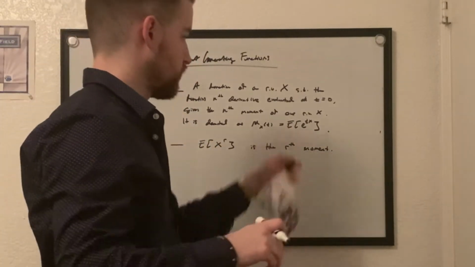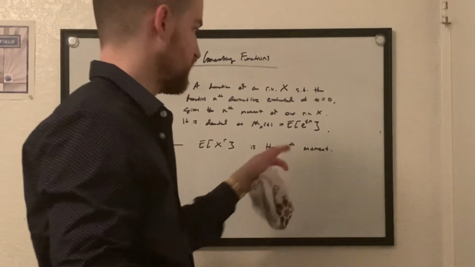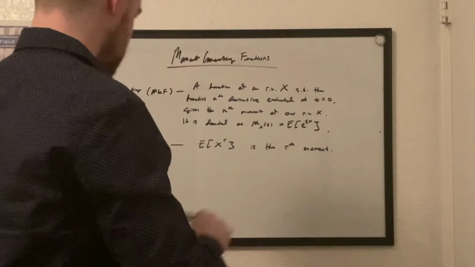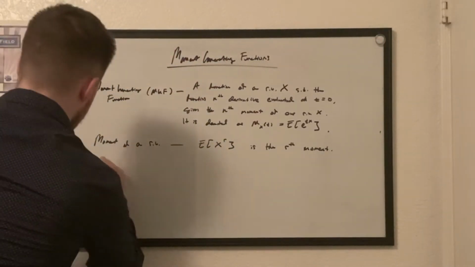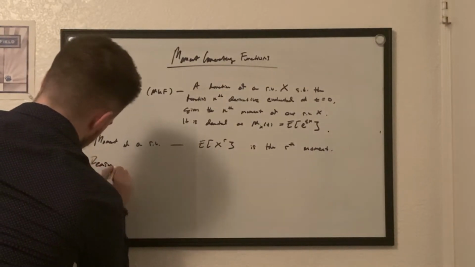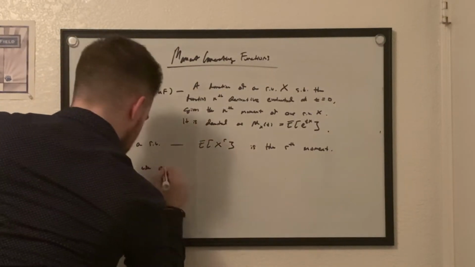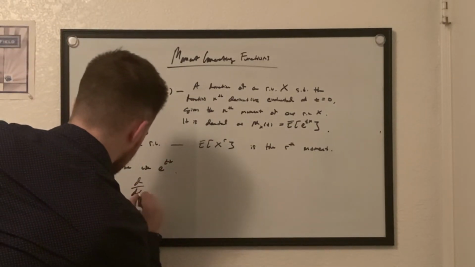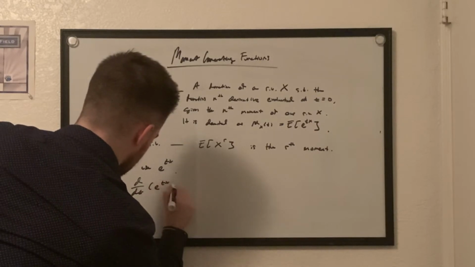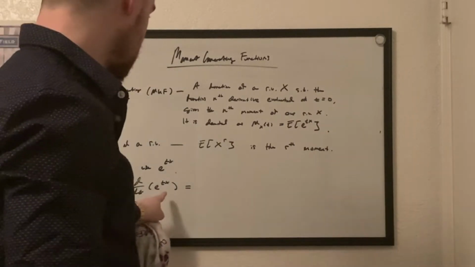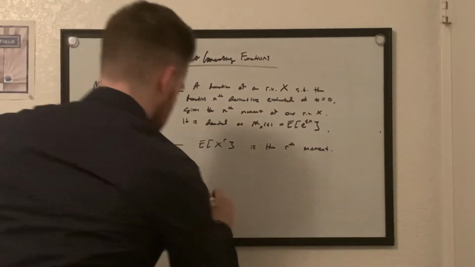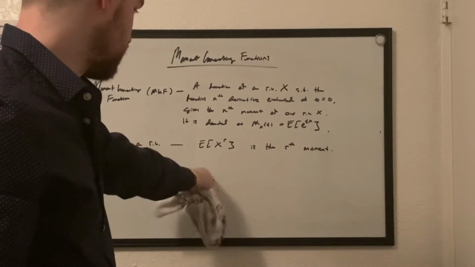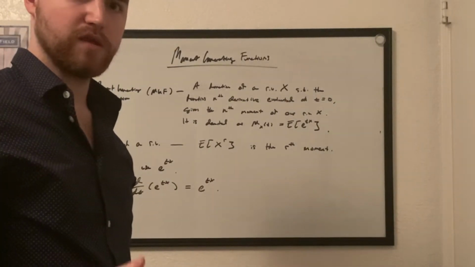And so watch what happens when we take the derivative of e to the tx with respect to t and do it consecutively. That's the reason we use e to the tx. The derivative of e to the tx with respect to t is the function e to the tx itself times the derivative of the exponent.